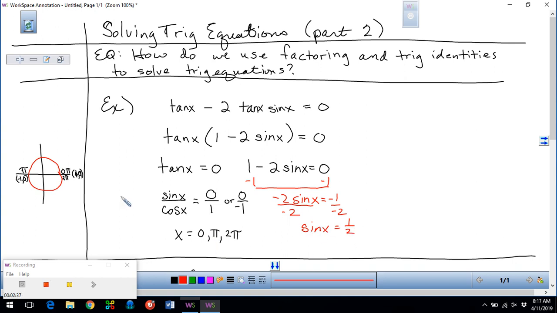And now when I recall on my unit circle, sine is 1/2 at 2 locations: at pi over 6, the sine value is the second number, which is 1/2, and at 5 pi over 6, our second value of our ordered pair is 1/2.